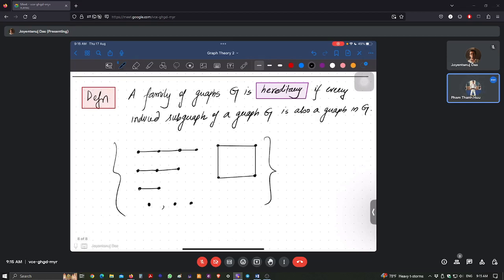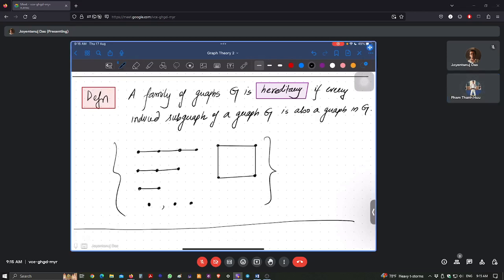So one example of a hereditary class is bipartite graphs.